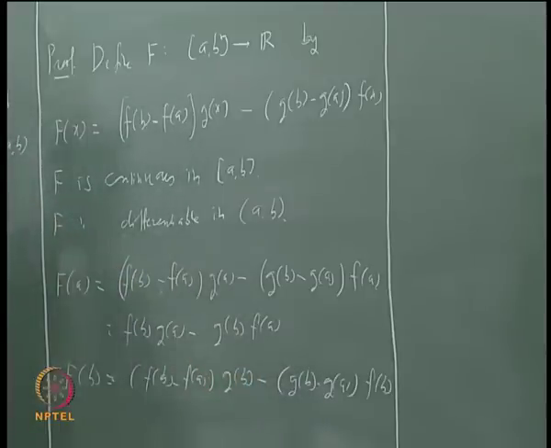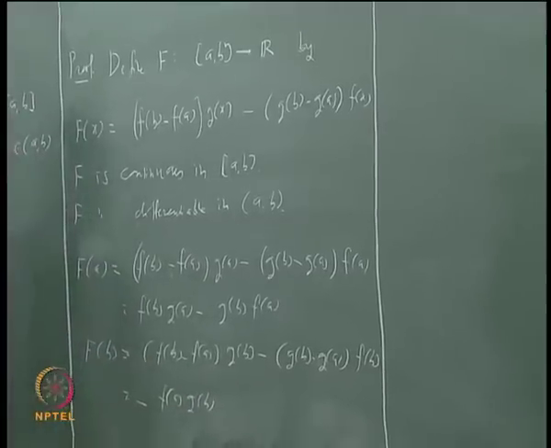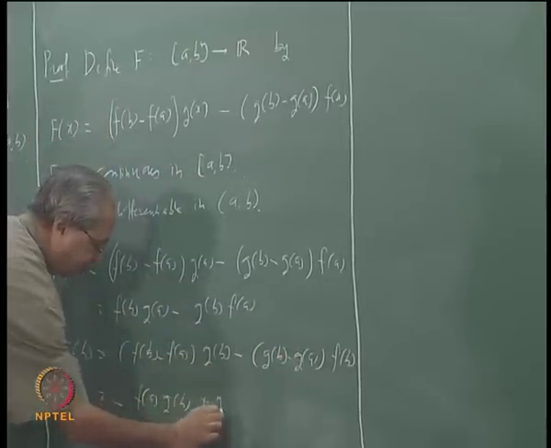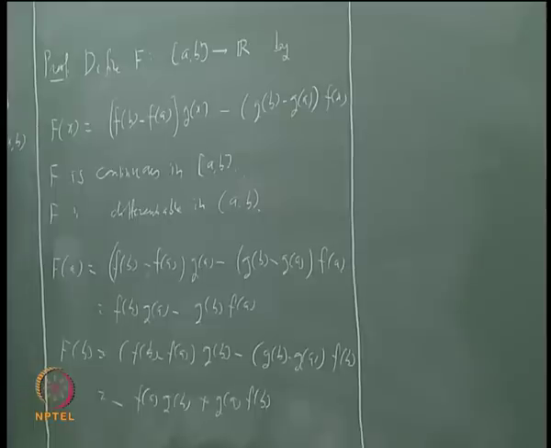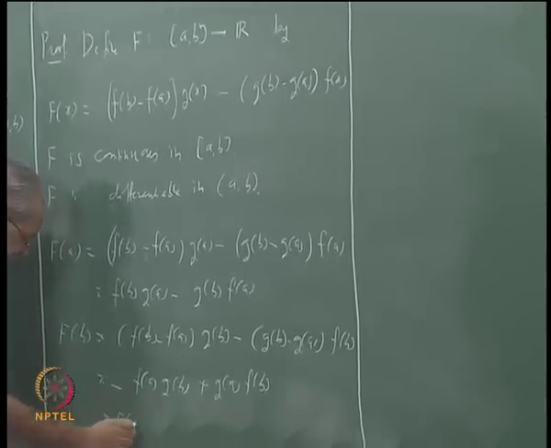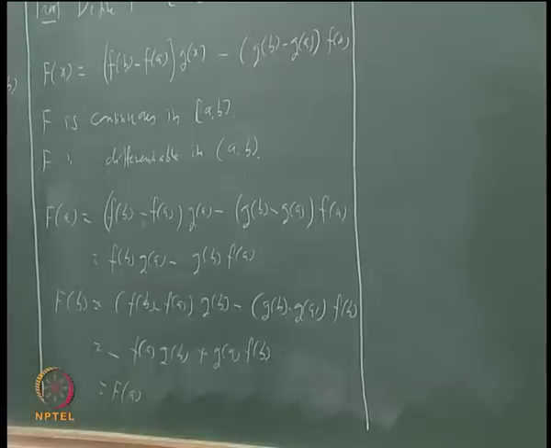What remains is minus F(a)G(b) from here, and minus this becomes plus G(a)F(b) from there. Is it the same as this? So we have that big F at b is the same as big F at a. So we have verified that assumption also.